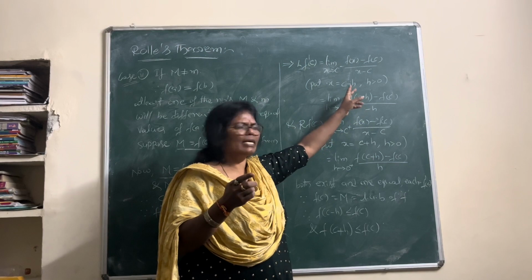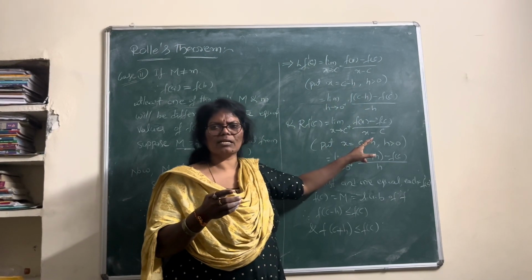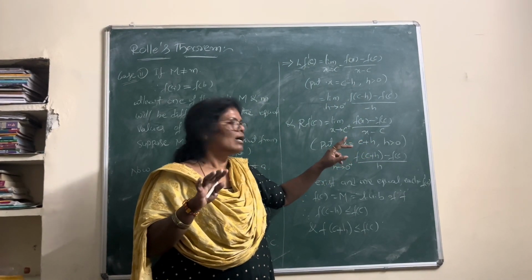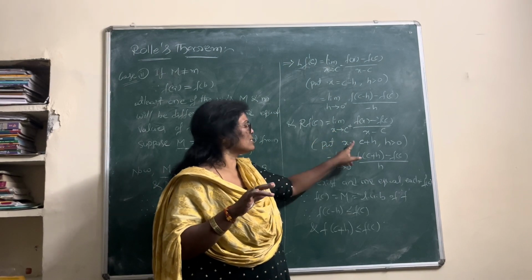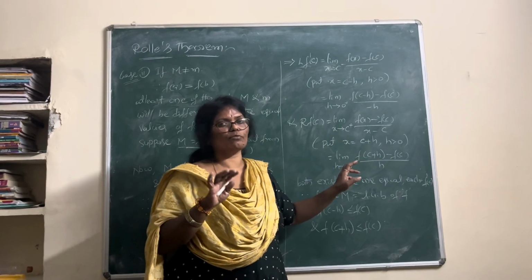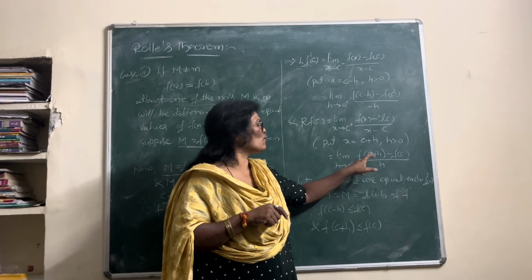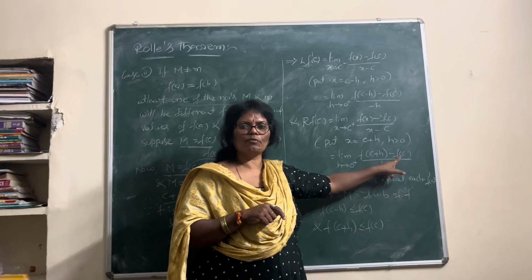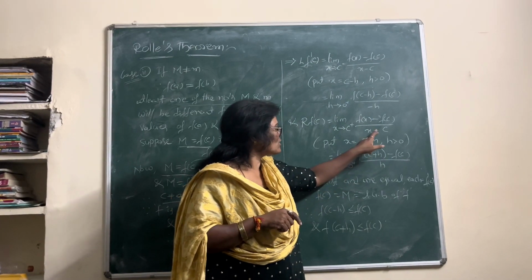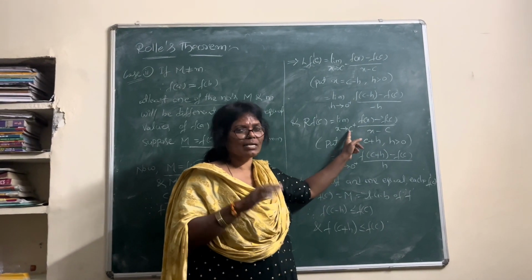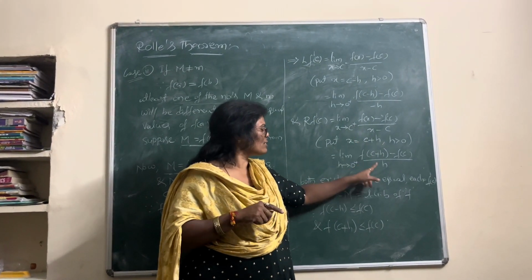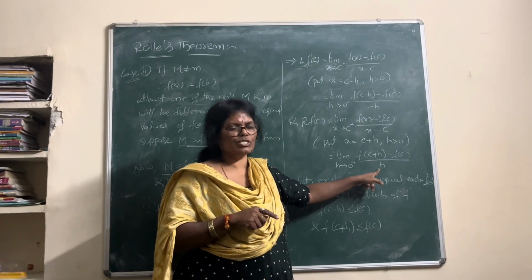Obviously in this case also h is positive, but here in the right hand derivative, instead of x we substitute c plus h. And limit h tends to 0 plus of f of c plus h minus f of c by c plus h minus c; the c and minus c get cancelled. The remaining term is nothing but h.